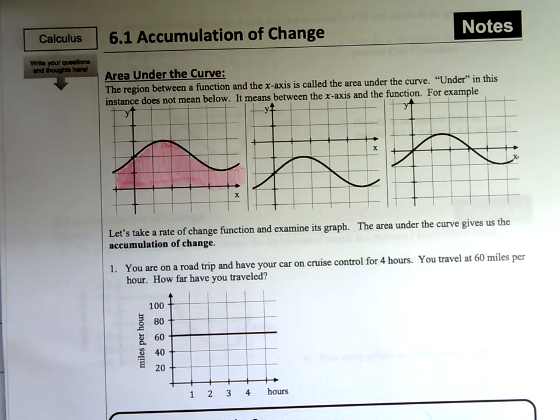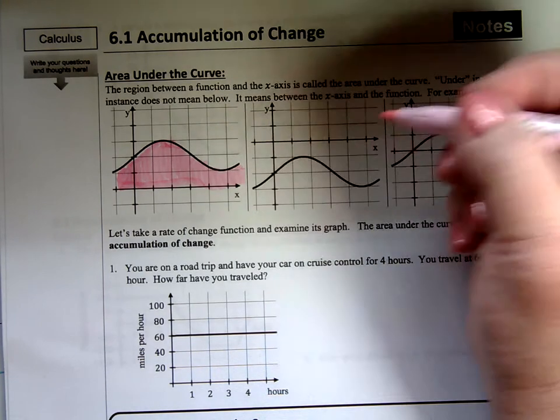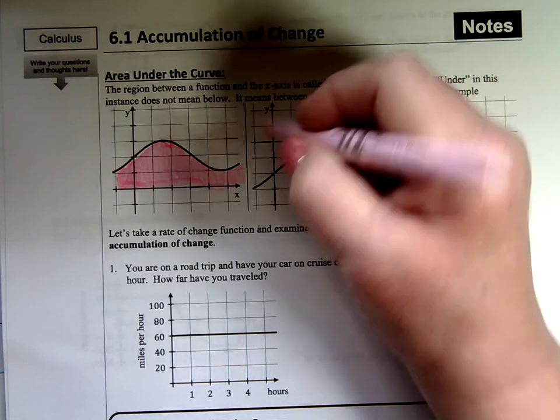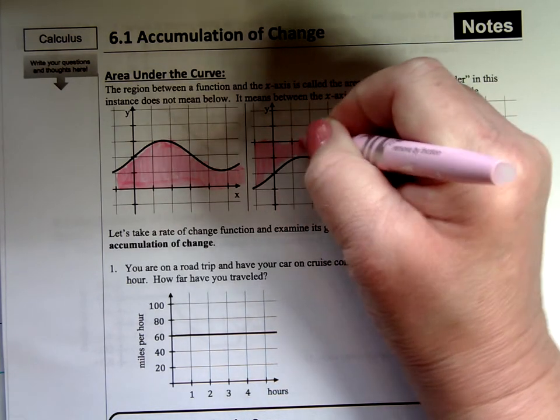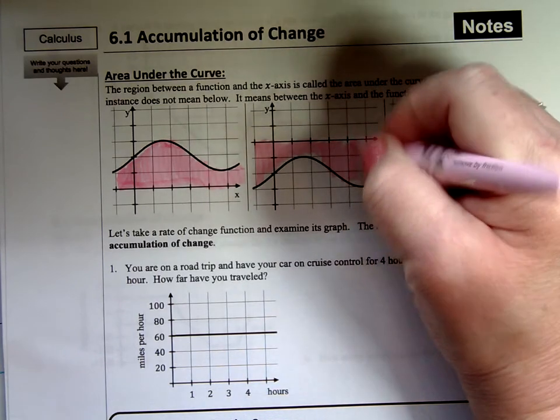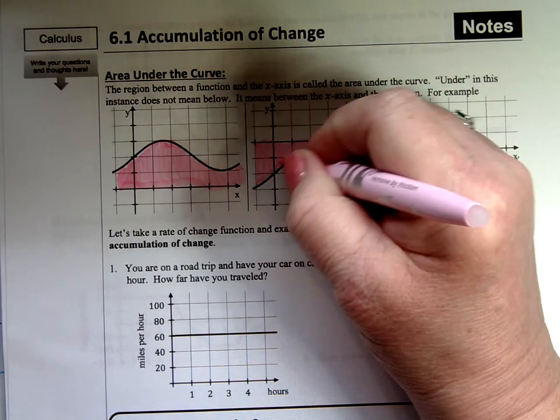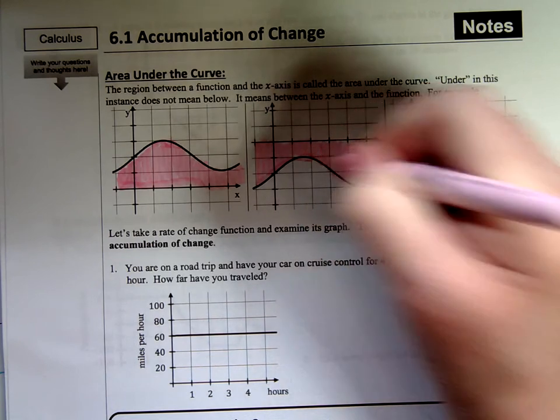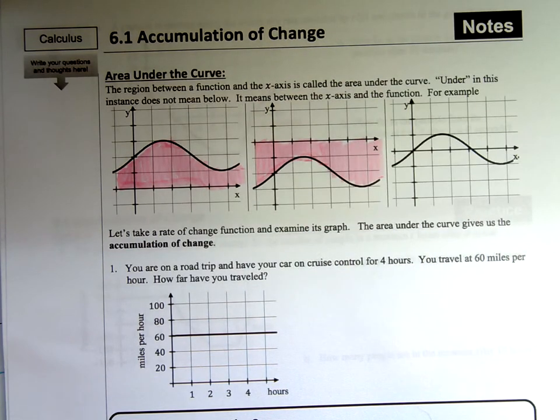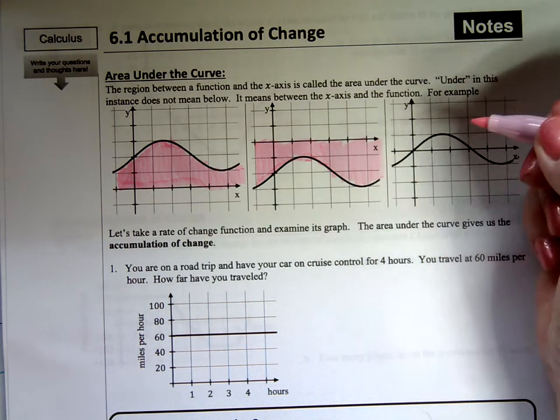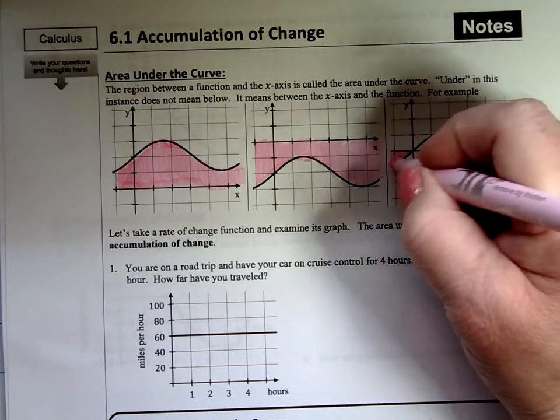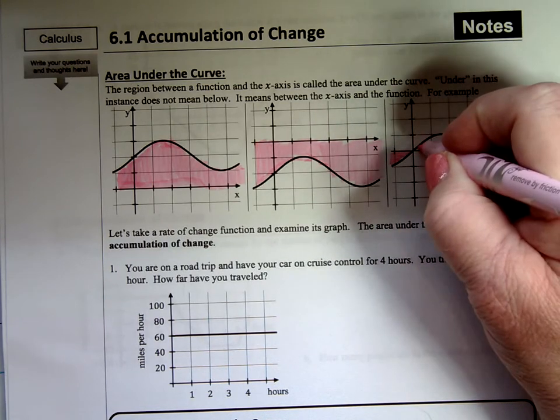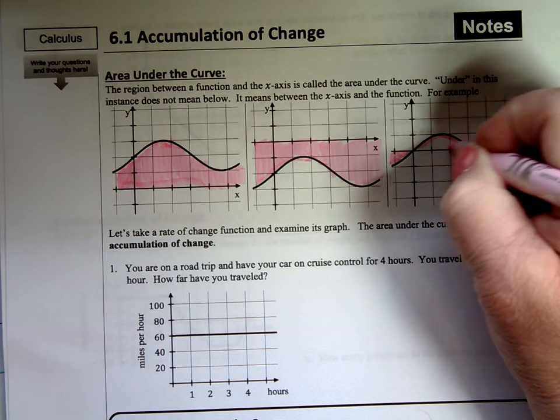And the second picture is a little different, right? If I look at the area between the x-axis and the curve, now my area is down here. And then if I look at something like the sine graph, this last thing, part of it's above and part of it's below. So you've got this little piece that's below, and then it switches, and now the area between the x-axis and the curve is up here.